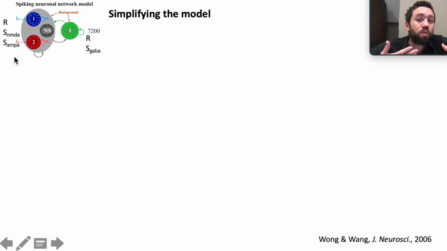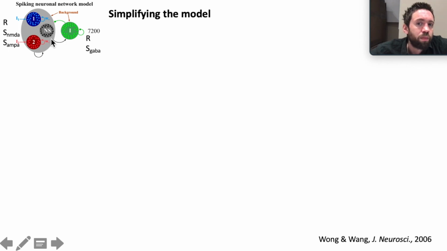Now, this is quite a complicated model, so even for this model that we've simplified a little bit, as it only has two populations of excitatory cells that are selective and one non-selective population and one inhibitory population, that's still 2000 neurons, that's 1600 excitatory cells and 400 inhibitory cells.